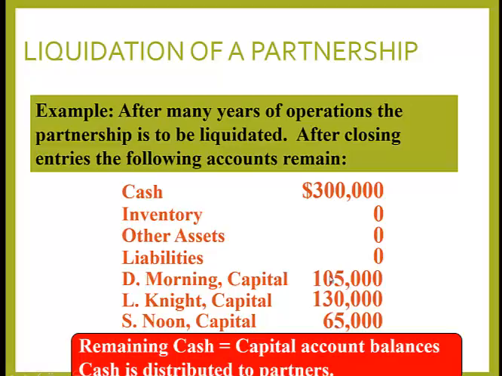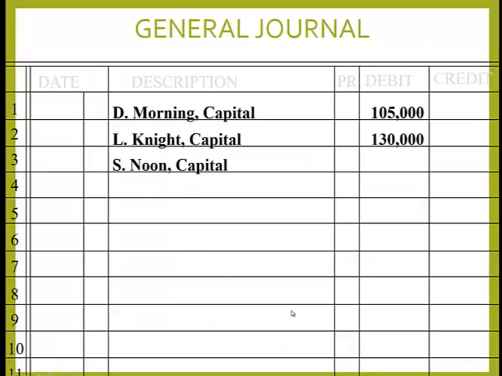Remember, when you're distributing the cash, do not divide it equally like we did the gains earlier. The partner is entitled to whatever their final balance is in the partnership. So let's take a look at that journal entry. We debit each partner's capital account for the balance that was there.